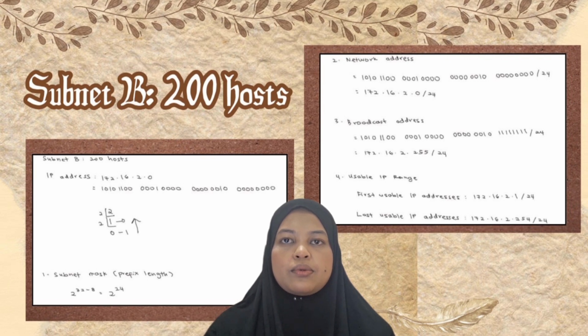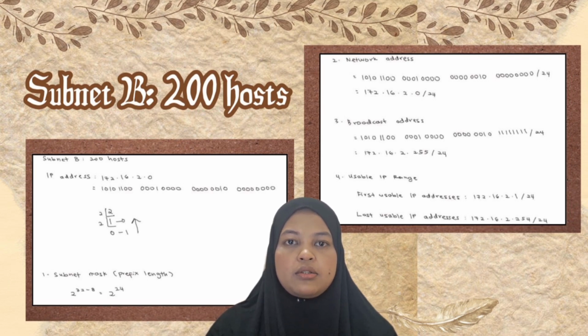Same goes for the broadcast address: we keep the first 24 bits and change the rest of the bits to ones. So for the network, we get 172.16.2.0/24, and for the broadcast address we get 172.16.2.255/24.